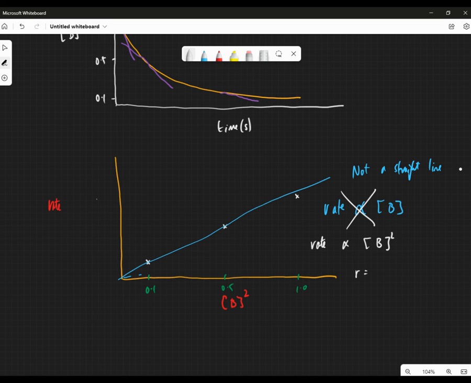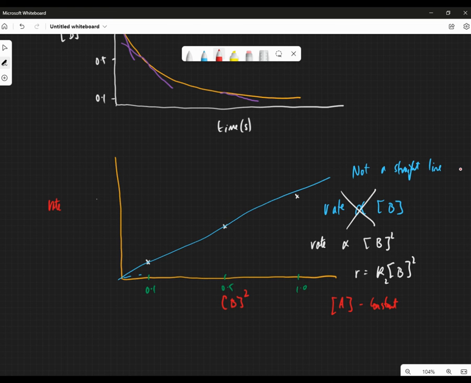If I do my maths, I get rate is equal to some reaction constant times the concentration of B squared, and I'm going to call this K2. This is the rate equation only in one specific situation: it is only true if the concentration of A is kept constant.